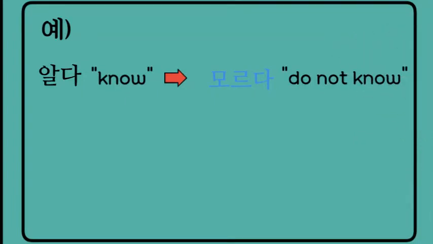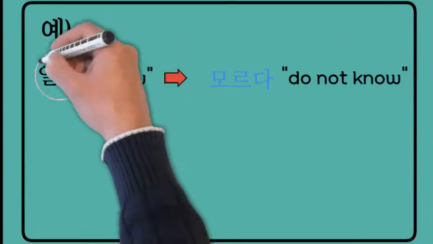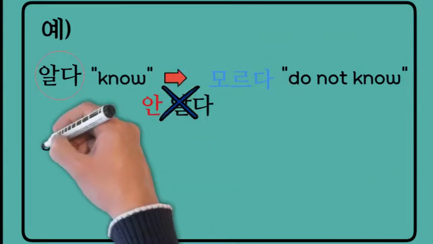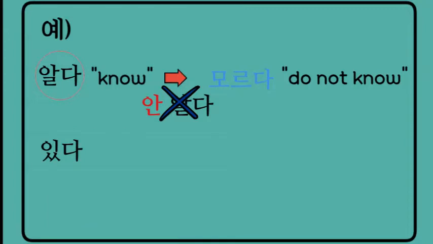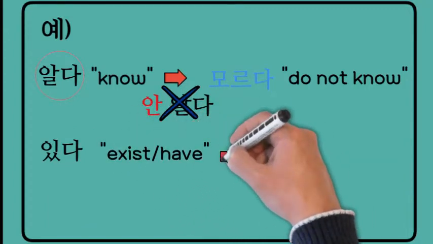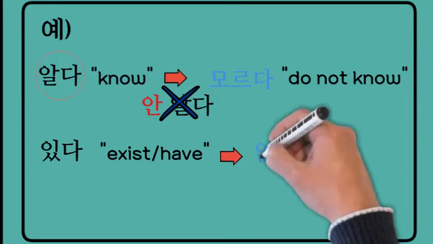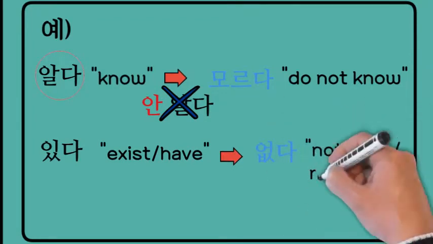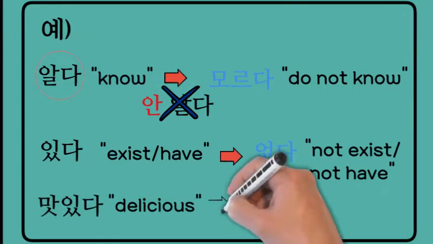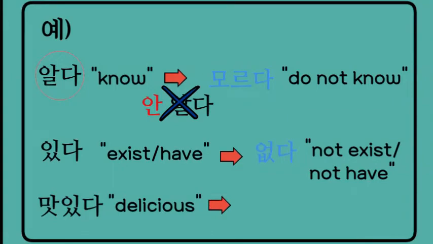Consequently, the short form negation with 알다, such as 안 알다, is grammatically wrong. 있다, which means exist or have, has the corresponding negation verb 없다, not exist or not have. And 맛있다, the meaning is delicious, has the corresponding negation adjective 맛없다, tasteless.